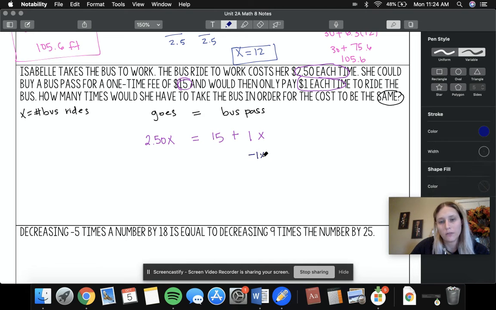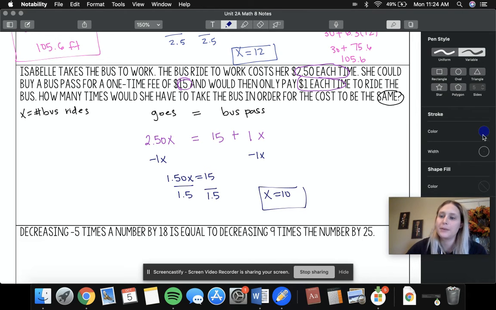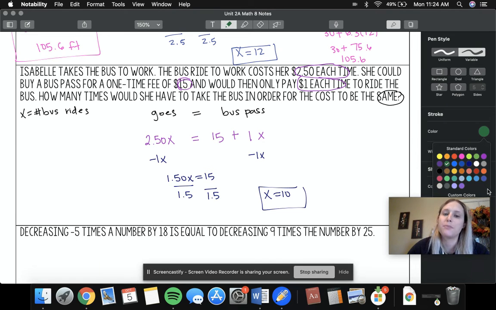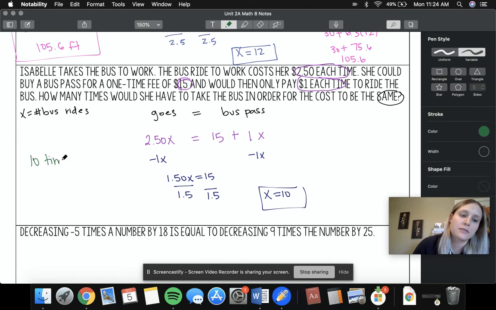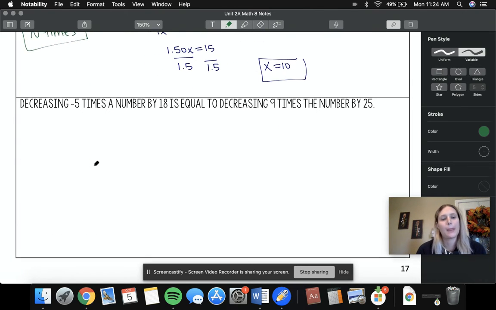So now we're going to solve it. And we get 10. So the question is, how many times will it take to take the bus in order for each cost to be the same? And it would take 10 times for them to be the same cost.